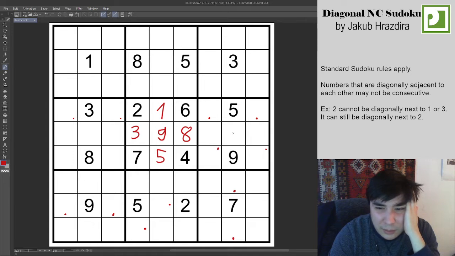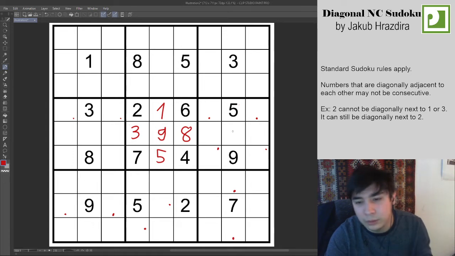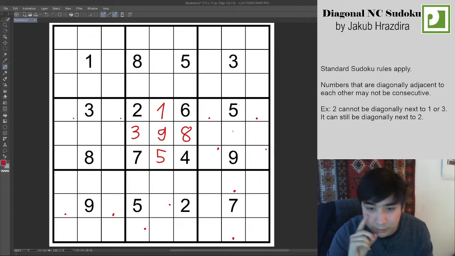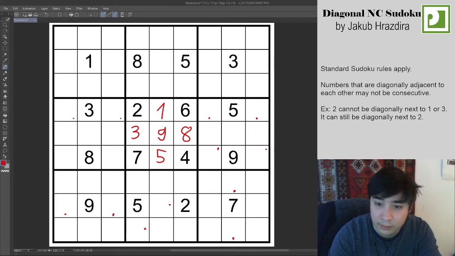Actually, the only options I believe are a 1 and a 6, because 2, 4 is blocked by the 3 being in one of those two spots. 3 is blocked by Sudoku. 5, 7, 8, 9 all block it by Sudoku. So this has only the options of being a 1 and a 6, which is very interesting that it can just reduce to those two options right off the bat.